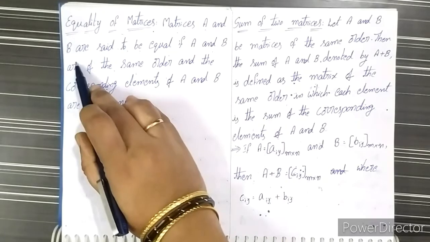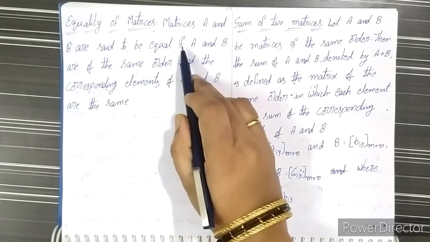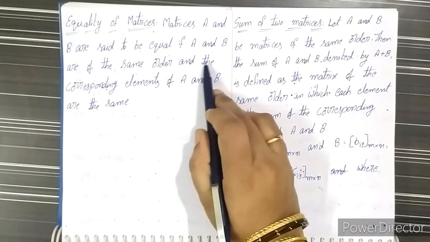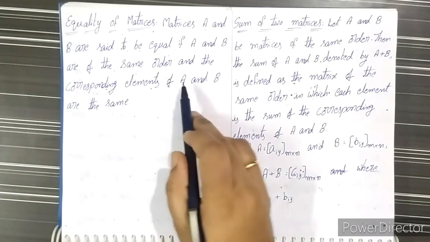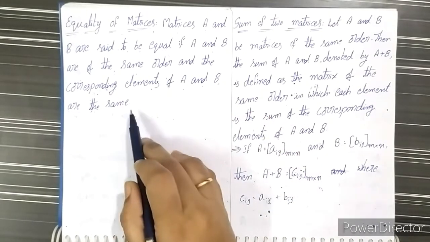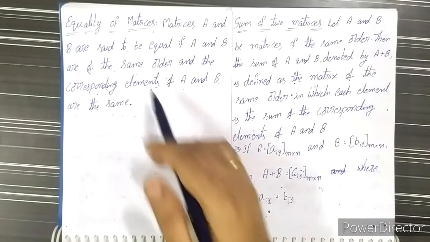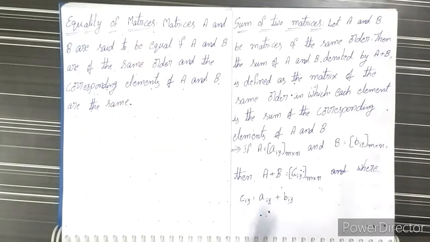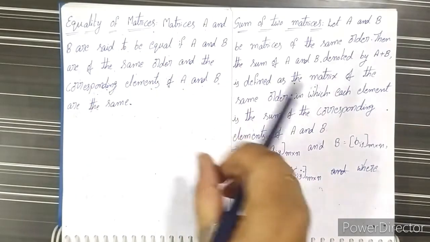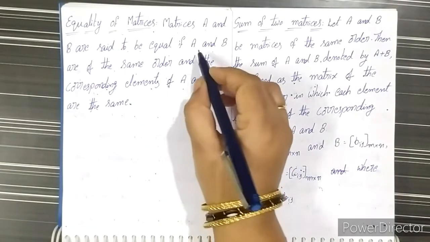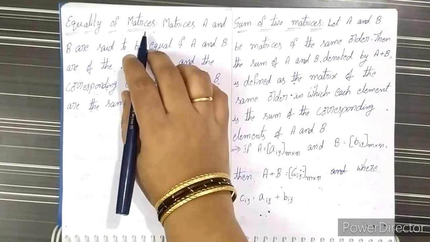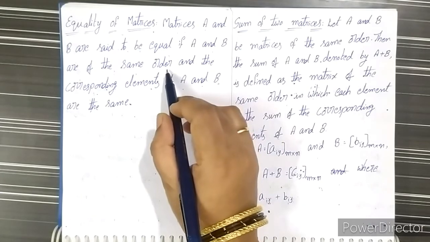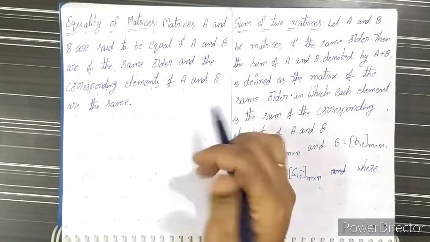Matrices A and B are said to be equal if A and B are of the same order and the corresponding elements of A and B are the same. If any two matrices are equal, then their order is the same.